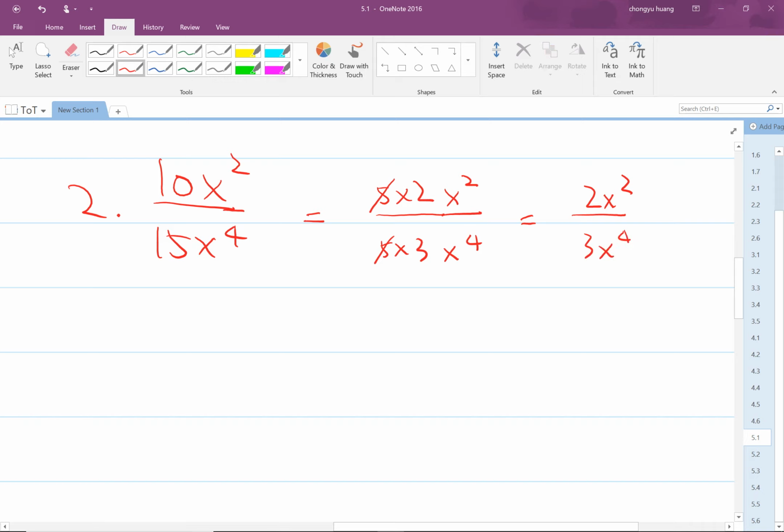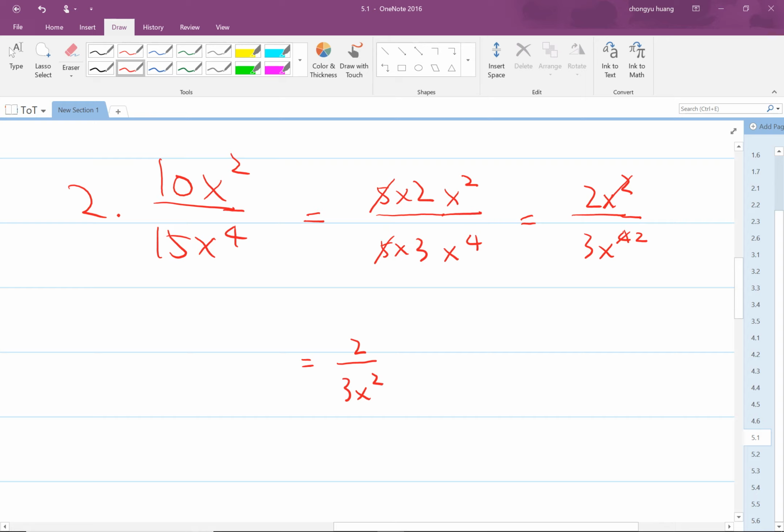Now you should be able to see that x squared gets cancelled, and the 4 becomes 2. Let me write it a little more clearly.